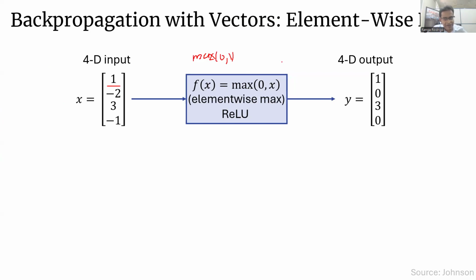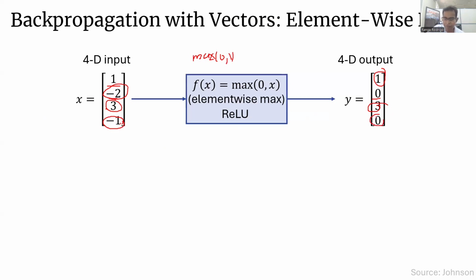What is max of 0 and 1? 1. When the input is -2, what is max of -2 and 0? 0. When the input is 3, what is max of 0 and 3? 3. When the input is -1, what is max of 0 and -1? 0. So you can see the output is correct.